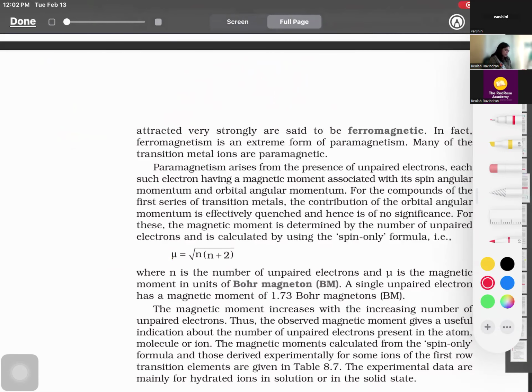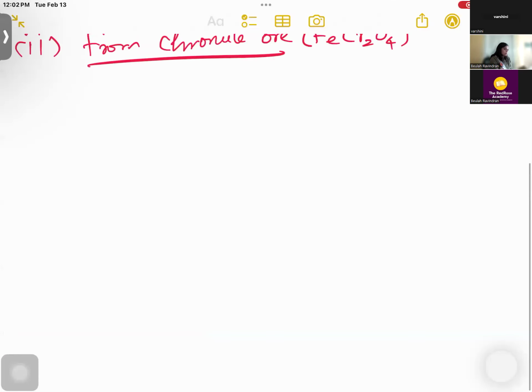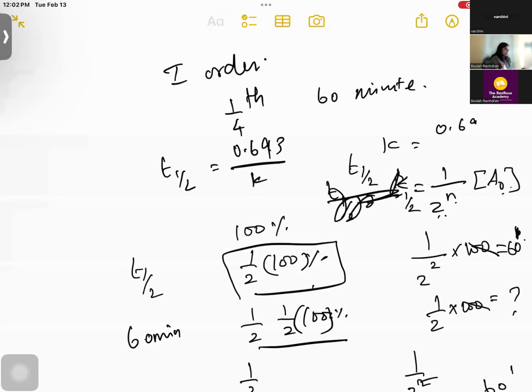I'll explain to you about the chemical properties, right? So action of acids, you put. What is the first acid we can see? With concentrated sulfuric acid, in cold.